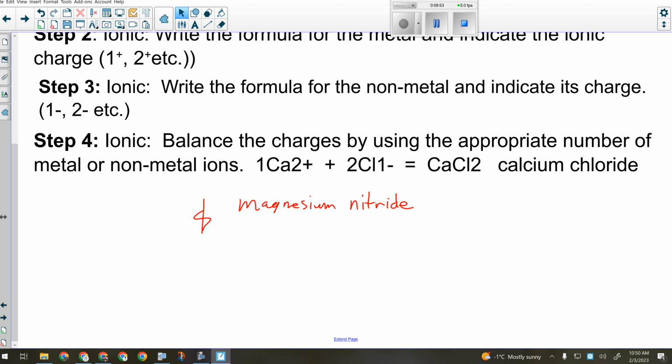If I follow the steps that are in the notes, the first thing I would do is write the formula for magnesium and its charge, 2+. And then I would write the formula for the nonmetal, nitrogen, and its charge, -3. Now what do I do with those numbers?